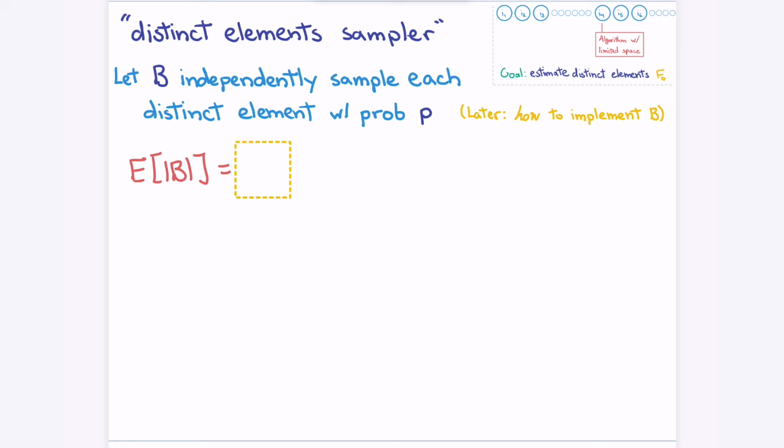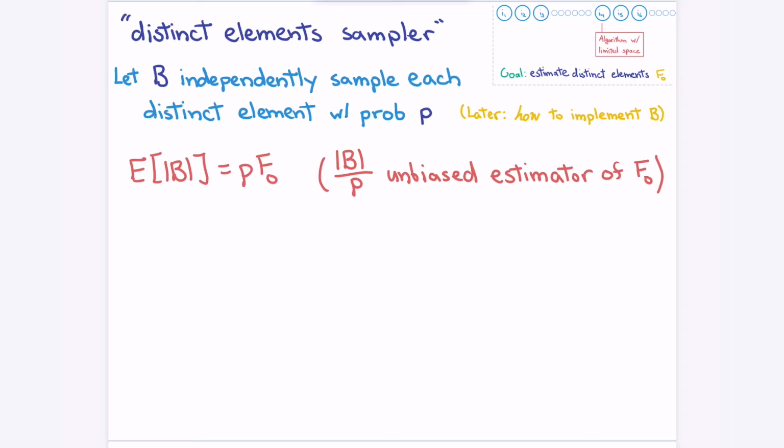F0 is the total number of distinct elements. Yeah, p times F0. Every distinct element gets sampled with probability p. So for whatever probability p, just returning the size of B divided by p, kind of like undoing the sample, will give you an unbiased estimator for the number of distinct elements. Nothing too deep there. So that's at least an idea.